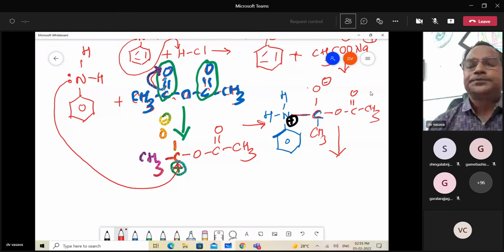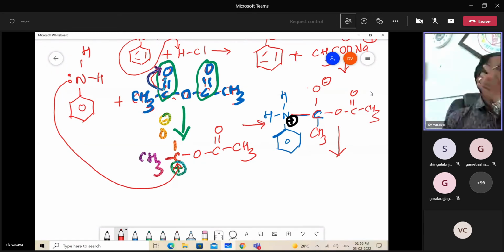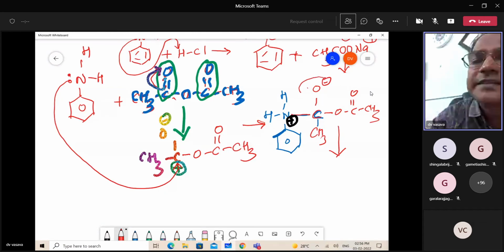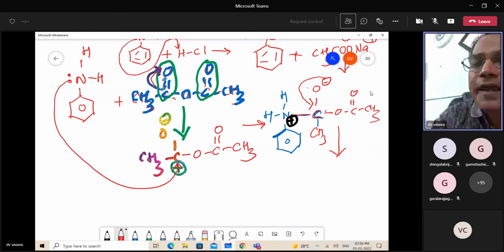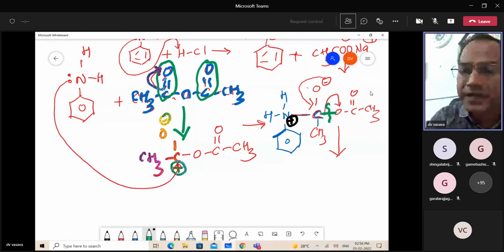Now what will happen in the next step? This oxygen will share its electron again with the carbon atom. At that point, this bond is going to cleave. Which bond? The carbon oxygen bond is going to cleave. So the electron of this carbon is taken up by this oxygen.